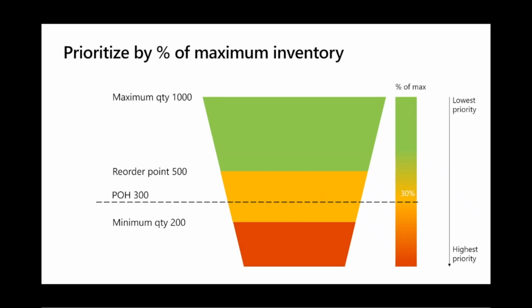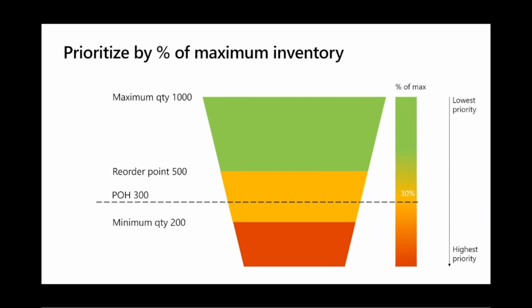Prioritization by percent of maximum inventory will take the projected on-hand inventory value, which, for example, in this case is 300 units, and assign a priority as that value as a percent of the maximum. So 300 units is 30% of 1,000. So the assigned priority value, if we're using this method, is going to be 30.